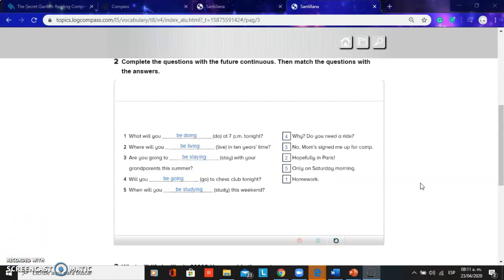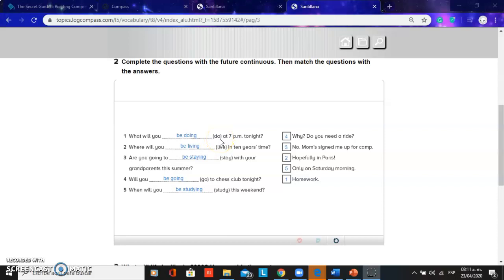For the second activity, you complete the question with the future continuous, okay? Remember that the future continuous structure is you write the auxiliary in future, that is will, then you put, in this case, for example, a subject, then the particle be, and the verb in the ing form.